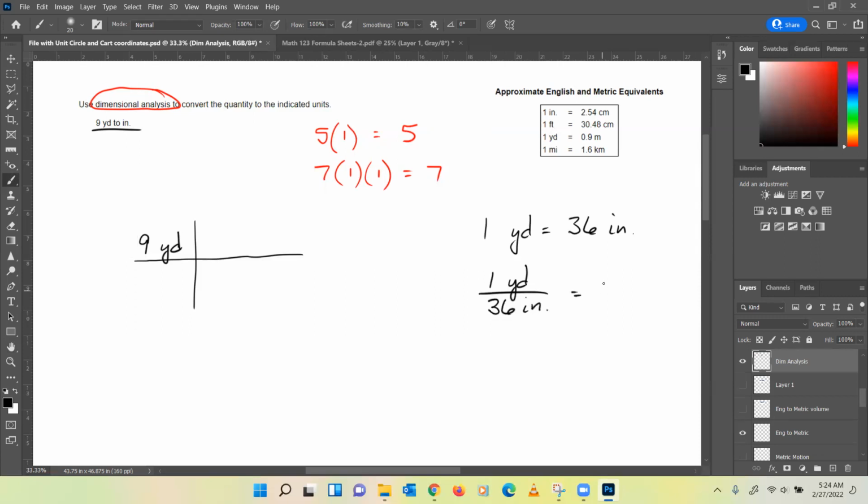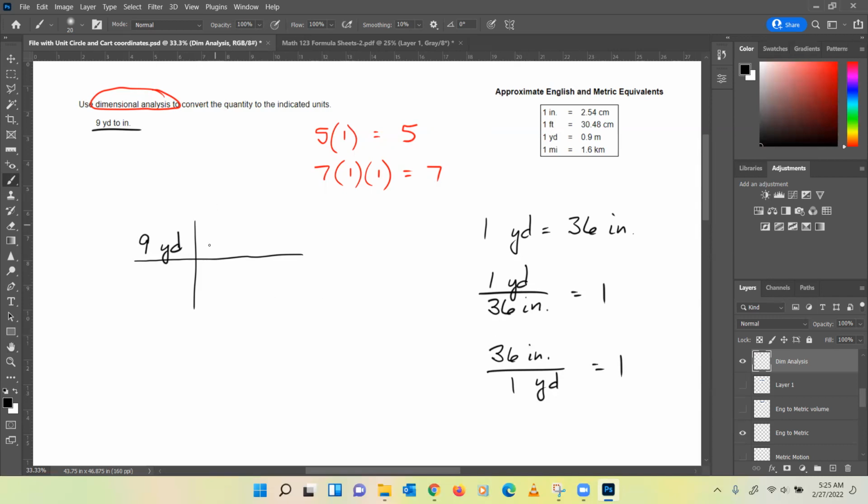And because those are equal, that equals 1. Or I could invert those and say 36 inches over 1 yard. That too equals 1, because those are equivalent units. It's like 5 divided by 5 is 1. 7 divided by 7 is 1. Well, 1 yard divided by 36 inches is 1.